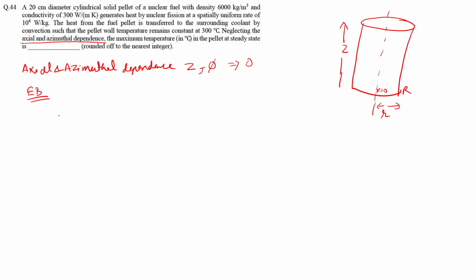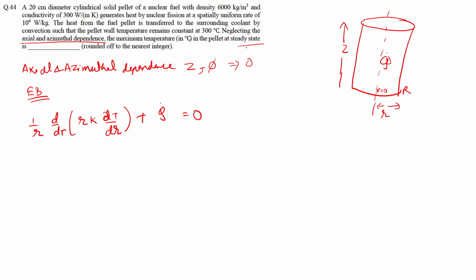So we can write the energy balance equation as 1 by r d by dr of r k dT by dr, plus we also have this heat generation term, so that is q dot, is equal to 0. So this energy balance we have to use to find the maximum temperature in the pellet.